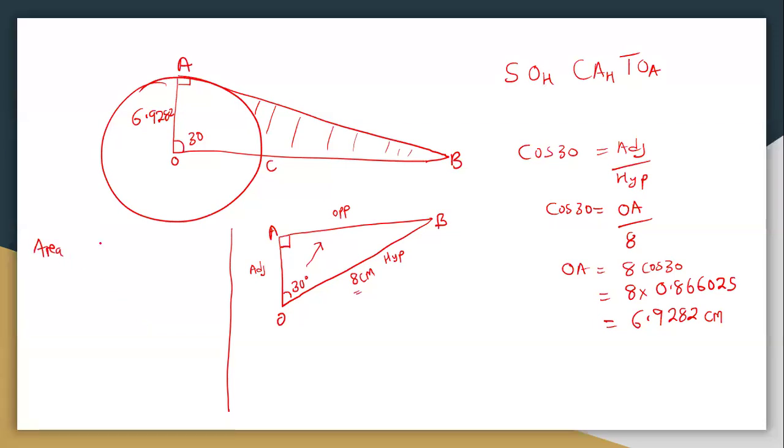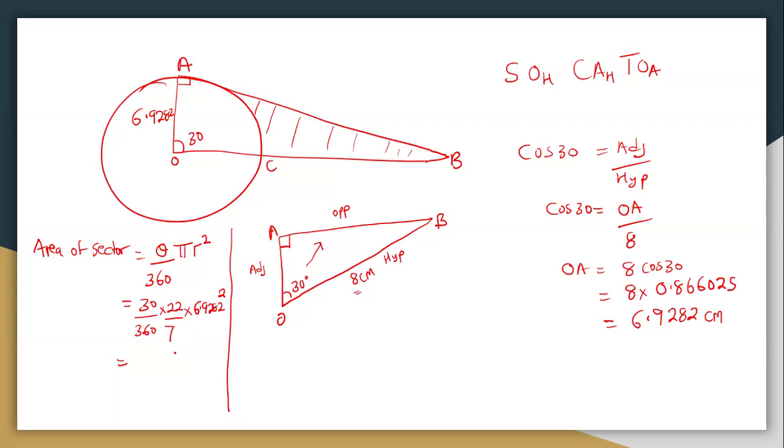So area of the sector will be equal to theta over 360 pi r squared, which will be equal to 30 out of 360 times 22 out of 7 times 6.9282 squared. And I got 12.57.